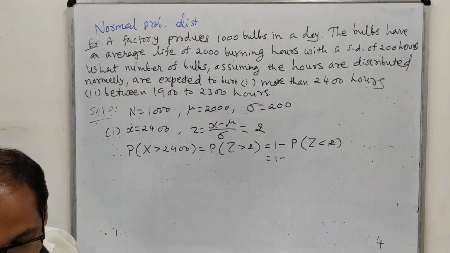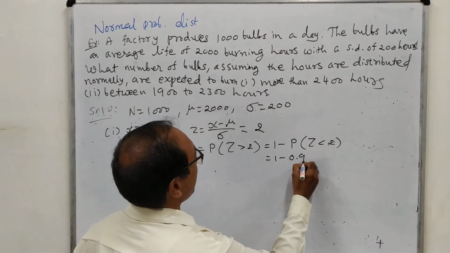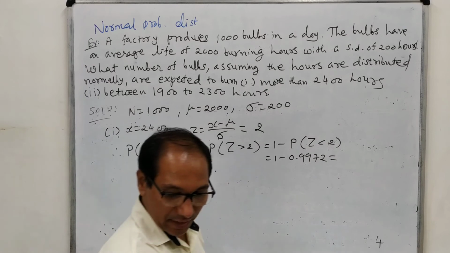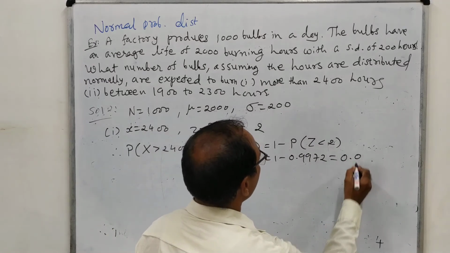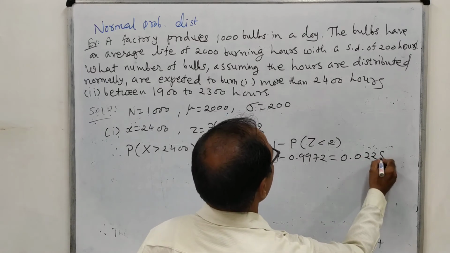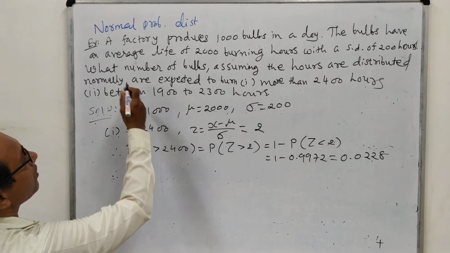For z equal to 2, you can find from the table the probability 0.9972. So 1 minus 0.9972 is 0.0228.